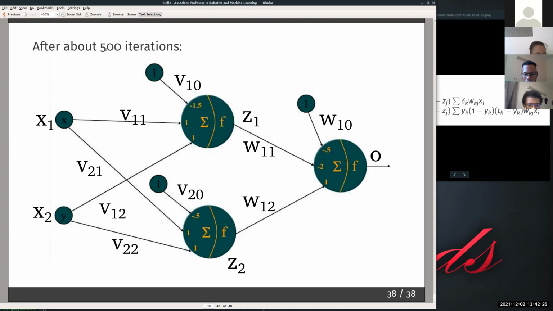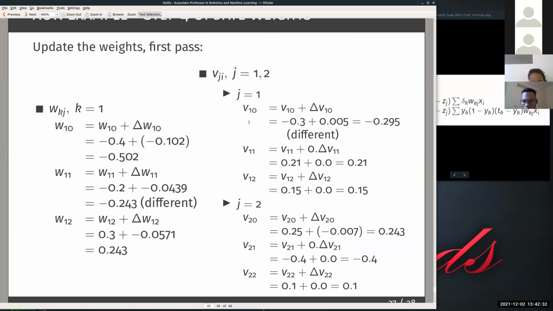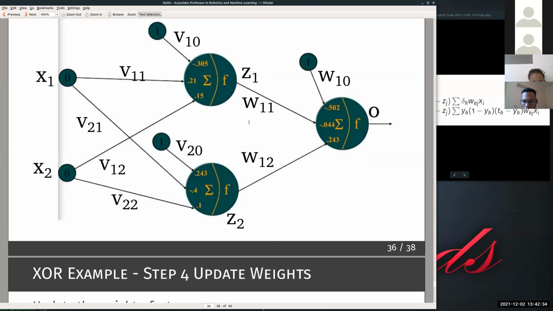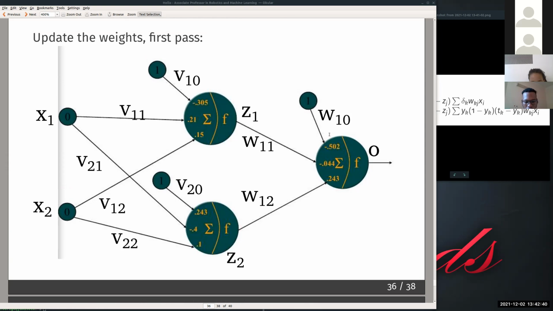I think the graph is on the slides that are upwards, not this one. These are the updated values of the W after the first pass, yes, that's right.